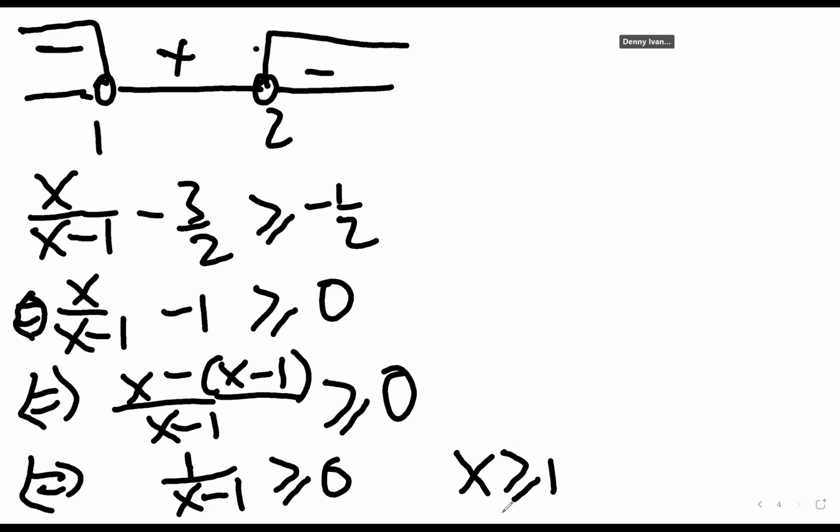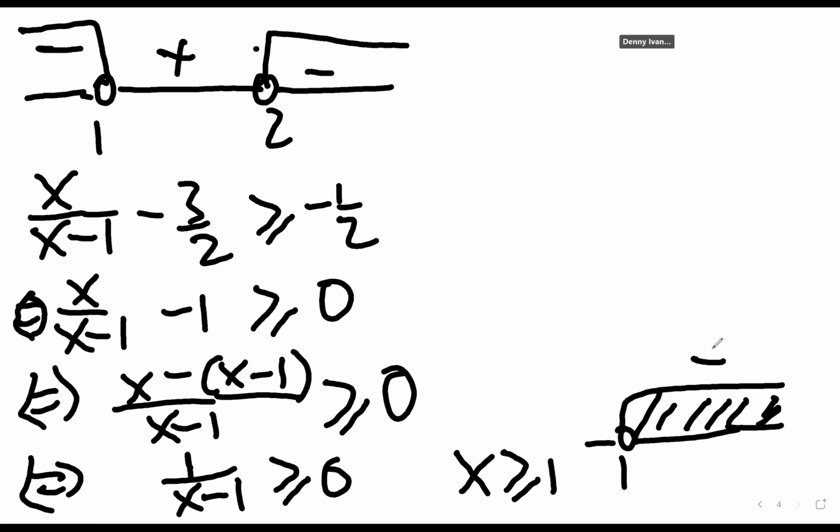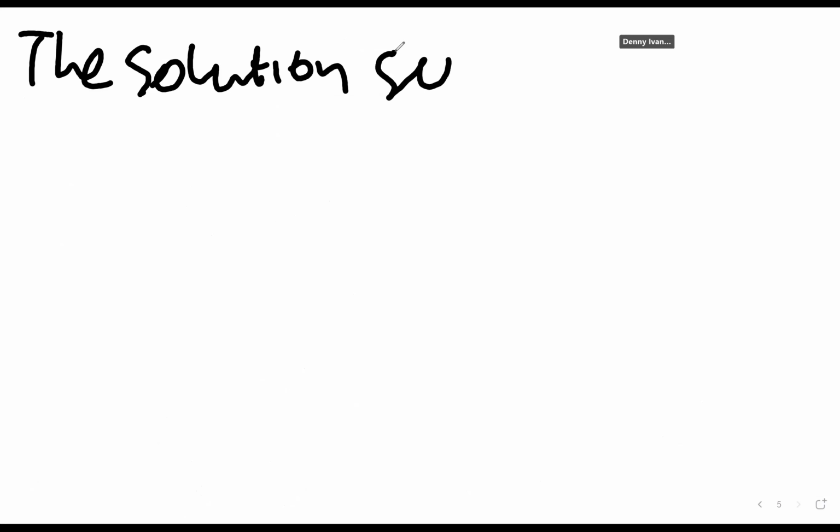Okay. So on the real line, the solution set will be here. Of course, you can take the plus sign there, and then we should take the intersection between these two. And the intersection will be, okay, the solution set is the set of points x.